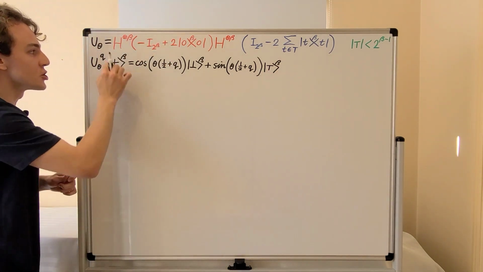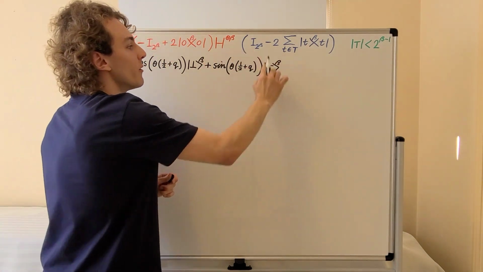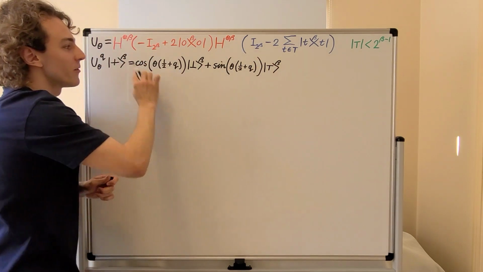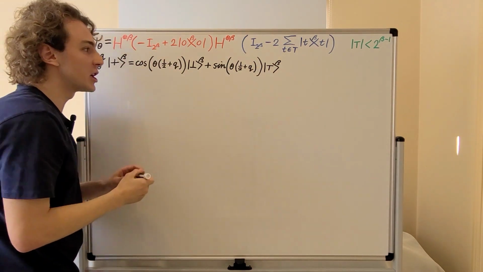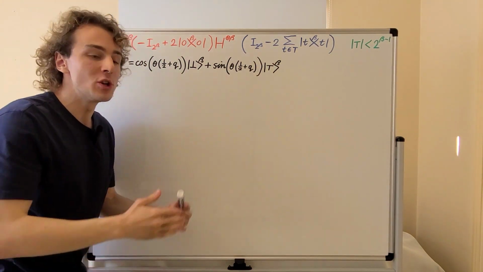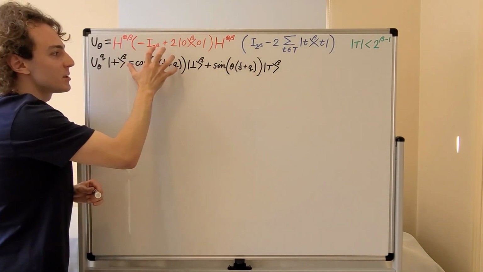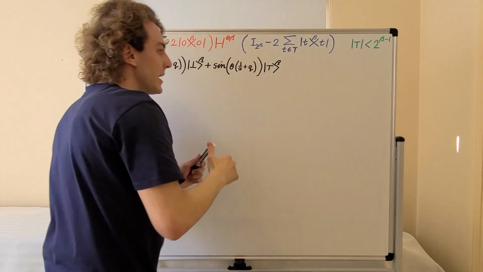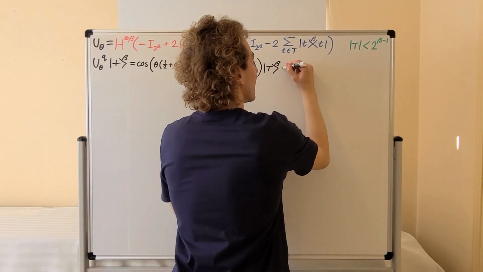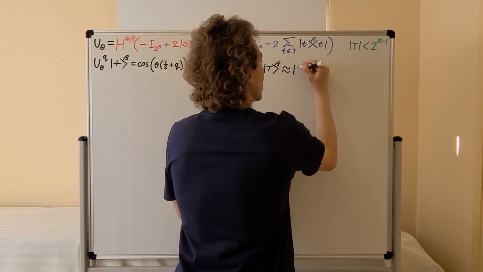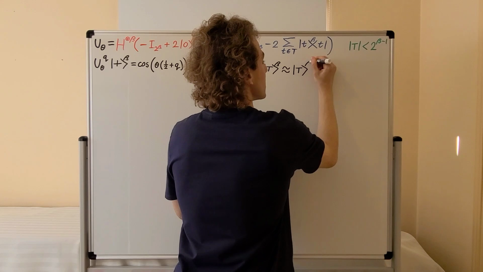And what we want is to choose q such that this coefficient is very large and this coefficient is very small. We want to choose q so that we can do amplitude amplification. So we want this to be close to 1 and this to be very close to 0. That means we can make the approximation that this is just equal to the target superposition.